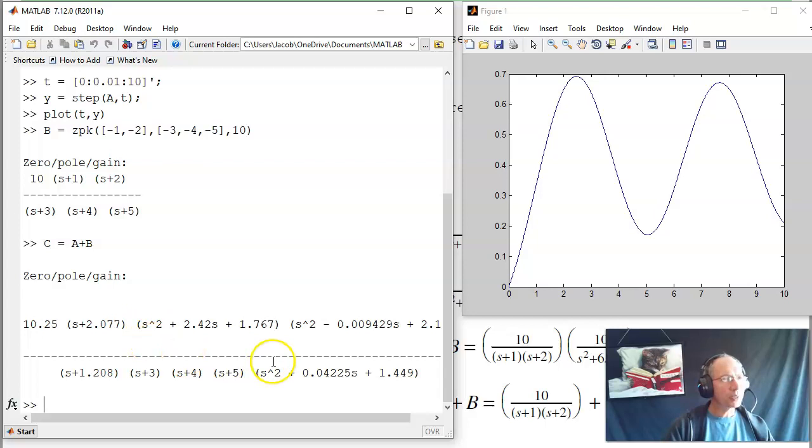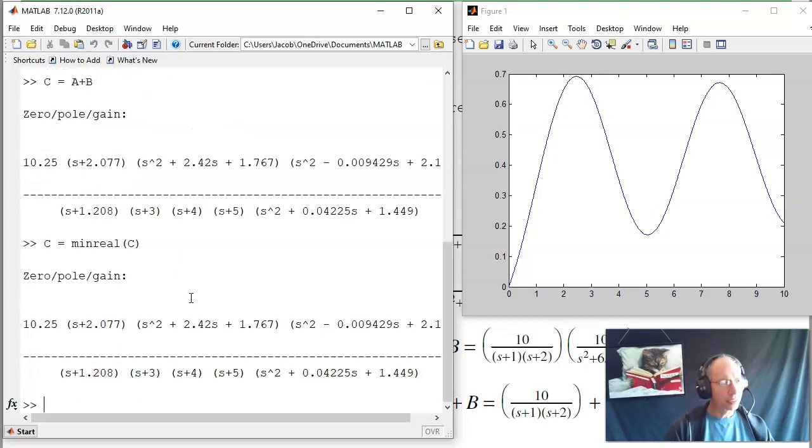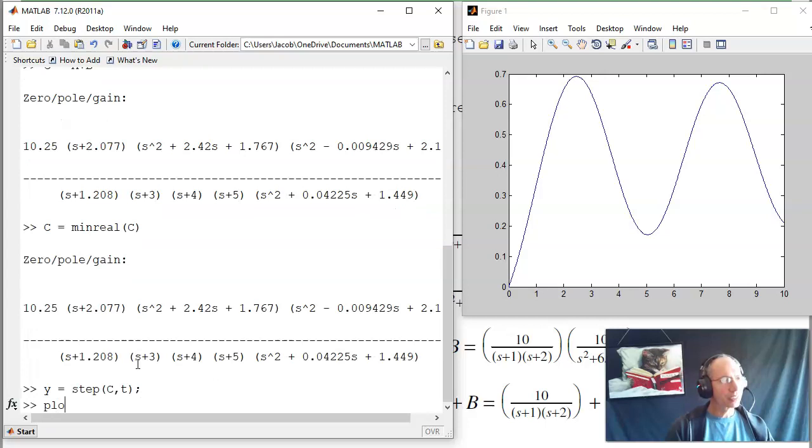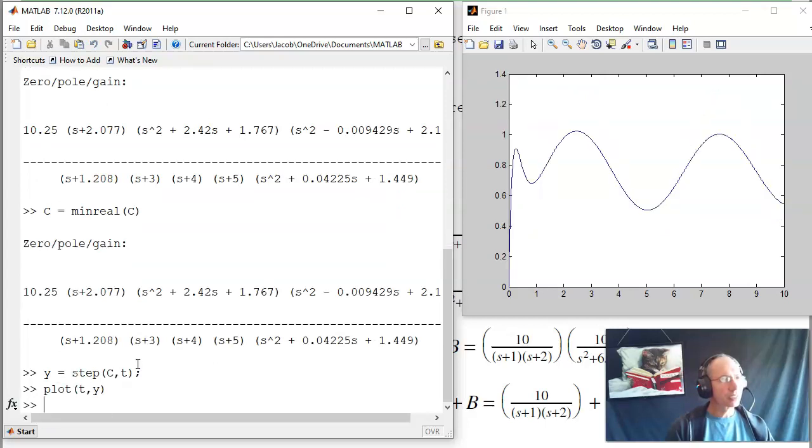This is where there's a kind of what I call a bug in Matlab. I've got pole zero cancellation. Minreal gets rid of the repeated poles. Once I have this system, I can now find the step response of C. And there's your step response. Again, way, way, way easier than you can do it by hand.